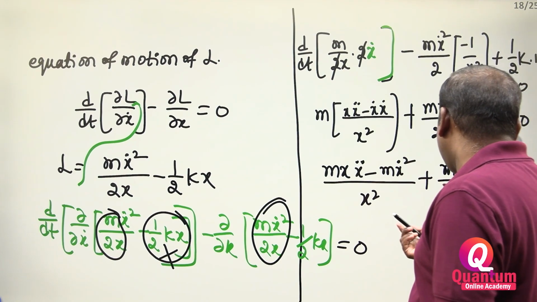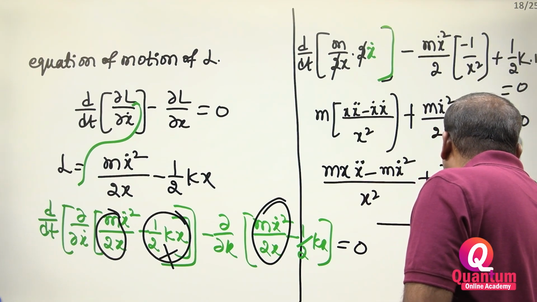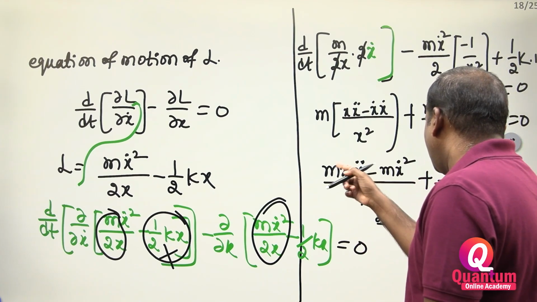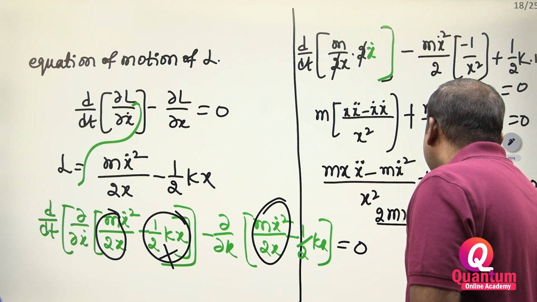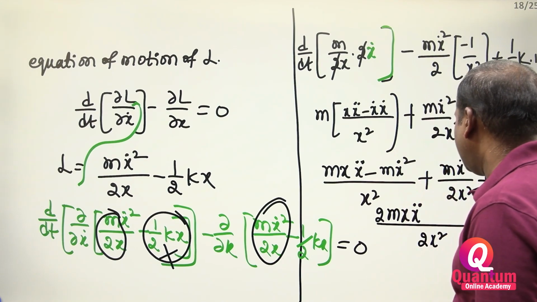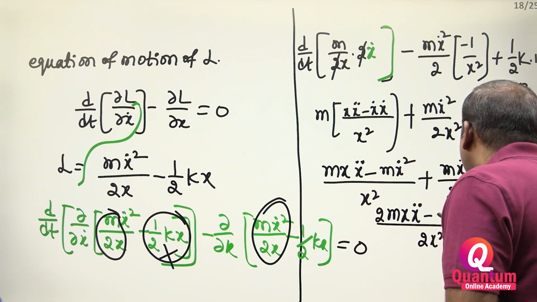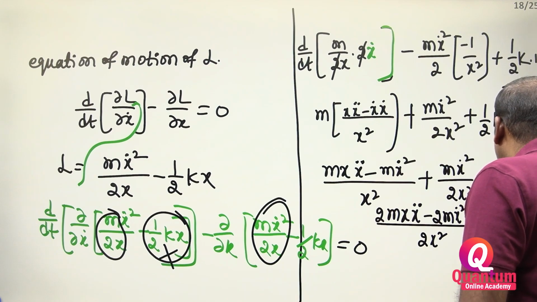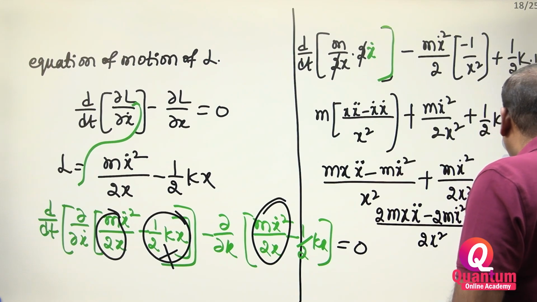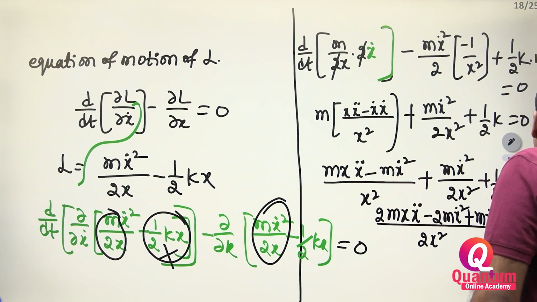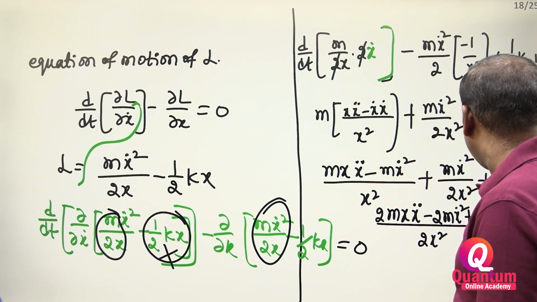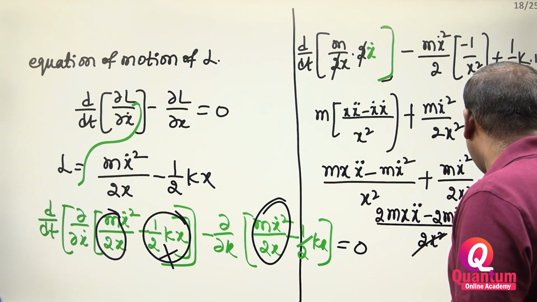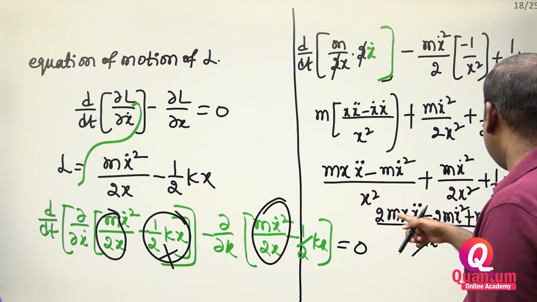How to take the LCM? 2x square you have to take the LCM. 2x square means 2 into m x double dot, right, minus 2 into m x dot square plus m x dot square plus kx square is equal to 0. So which one you have to take common? You have to take the 2, you get it cancelled. Where is the common? X is the common.